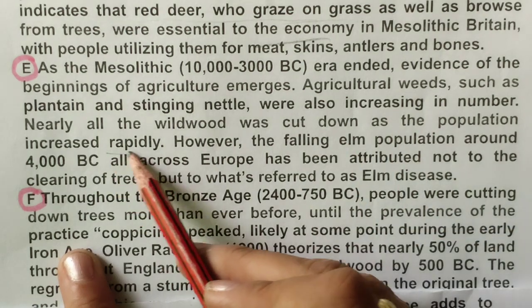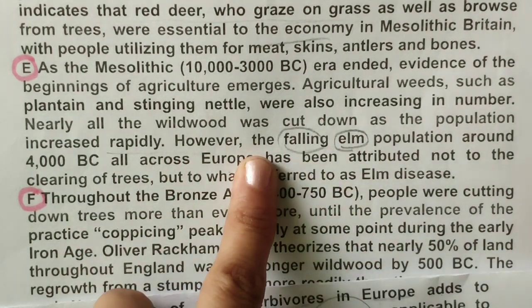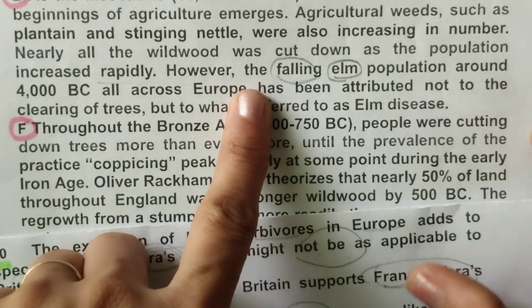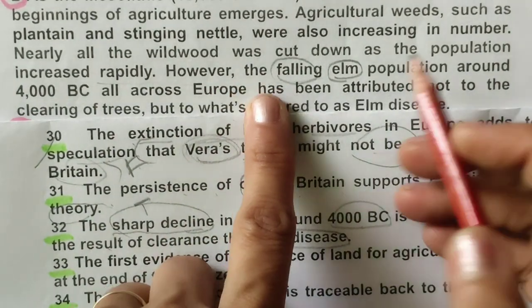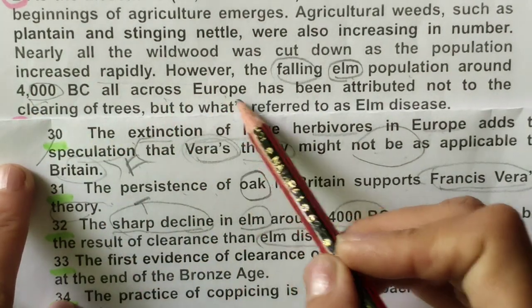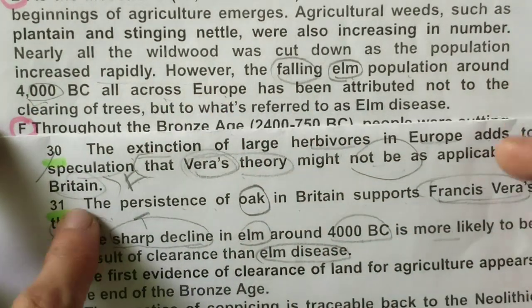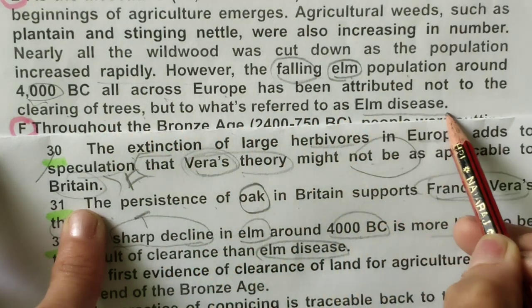The population increase, yeah, this falling, same, I think we have got the exact location. Here they are saying the sharp decline in elm, the falling elm population around 4000 BC, also all across Europe, has been attributed not to clearing of trees but to elm disease.